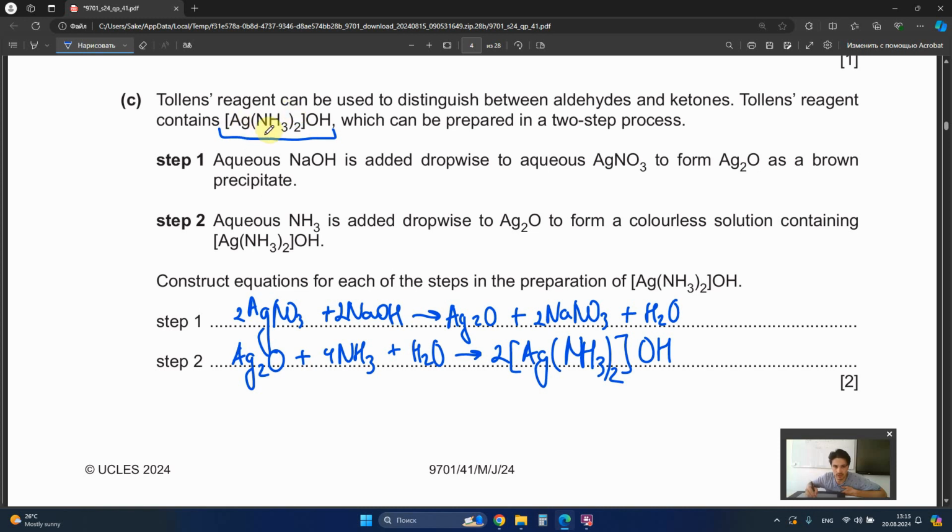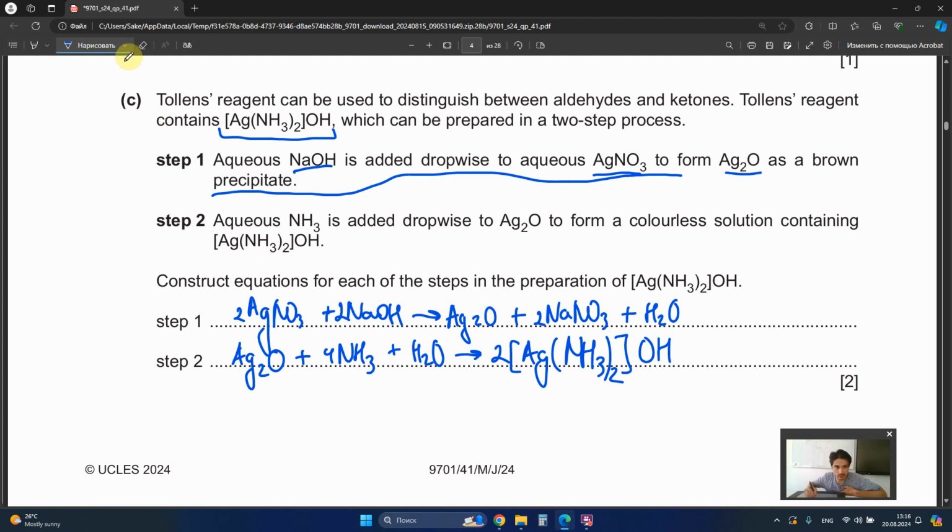In other words, we can say that it's diamine silver ion and it's prepared as shown below. So you have to show reaction equations. Everything is actually given here and you can construct your equation from it. The first reactant is shown, the second as well. You have one of the products and you have to deduce the other product.